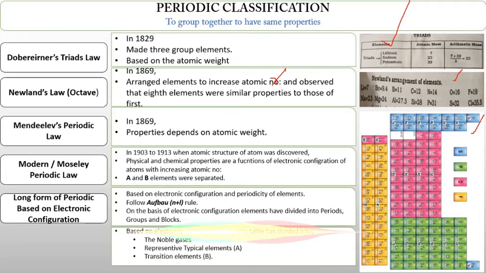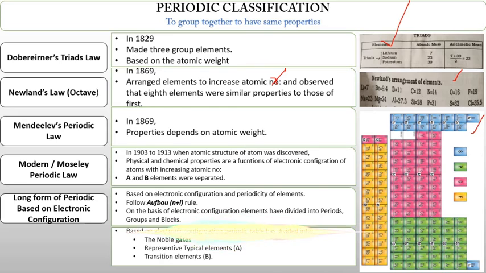So what are A, what are B? Some detail remains. Now, the long form of the periodic table is based on electronic configuration. The long form classified groups and periods according to electronic configuration.